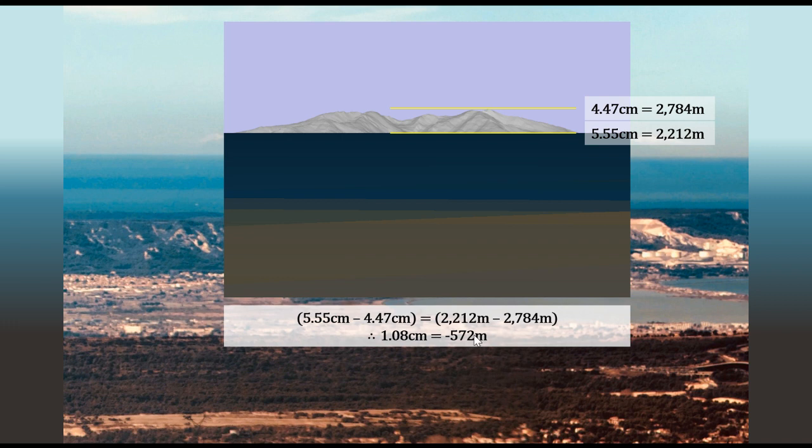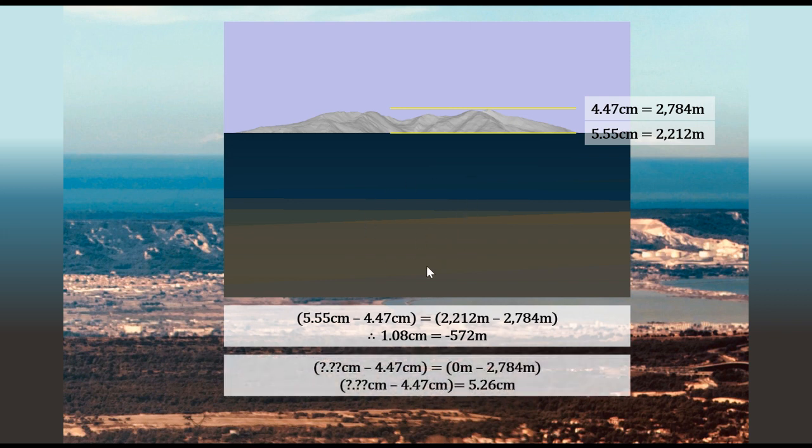And we are going to find out where sea level is at Canigou on the image. So what we've got to do is work out, using the same gradient here, or the same equivalence, what centimeter position on the image is equivalent to 0 meters elevation.